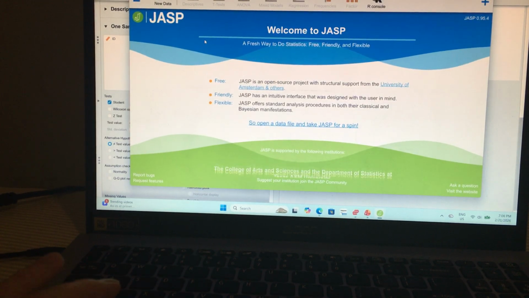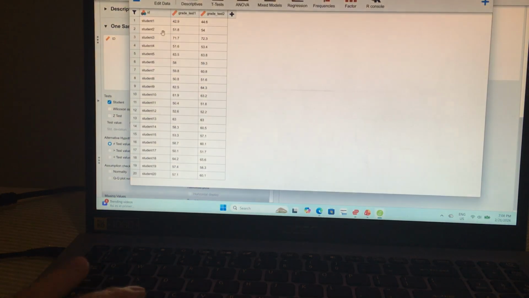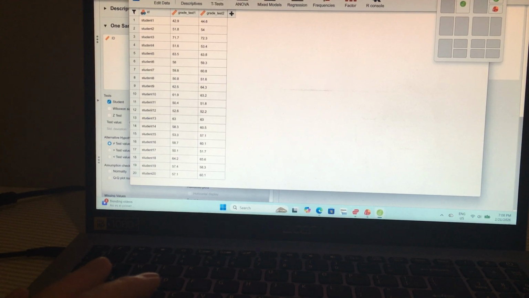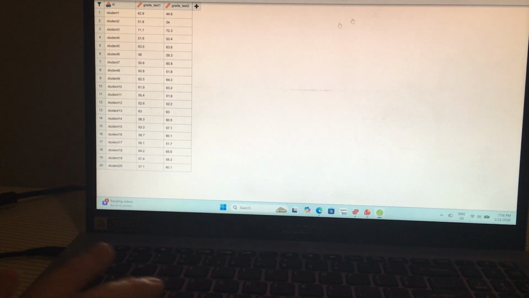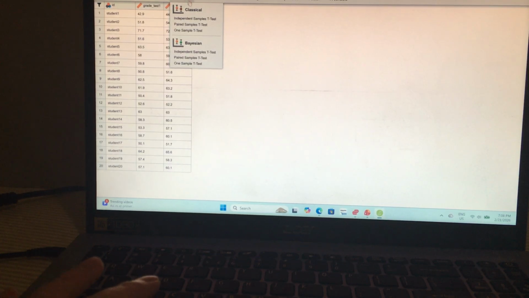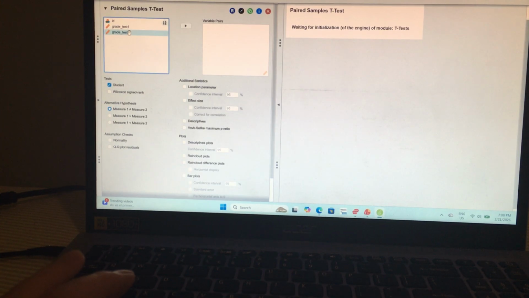We're going to go back and open up the Chico data set, which had the two different grades on test 1 and test 2. We're going to go under our paired samples t-test and move our variables over.